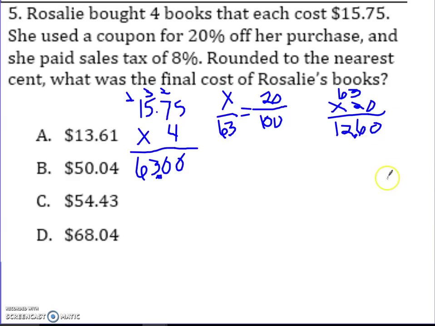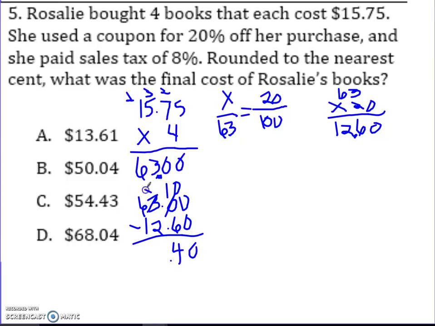That just becomes $12.60. So you do 63 minus 12.60. We got to borrow. This becomes a 10. This becomes a 2. And we get $50.40.